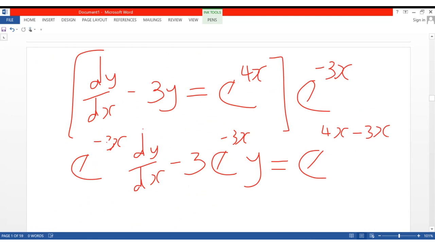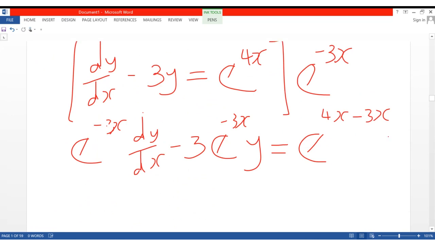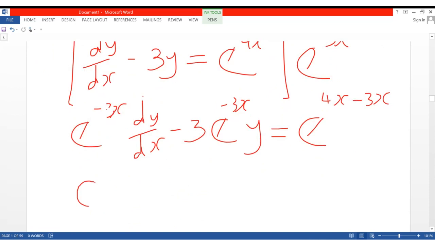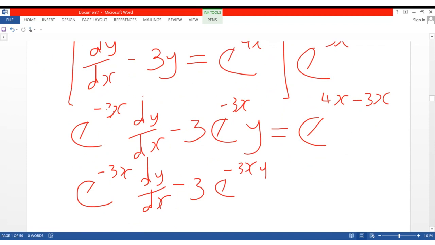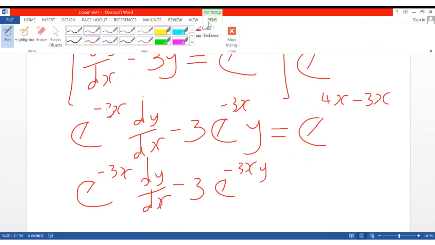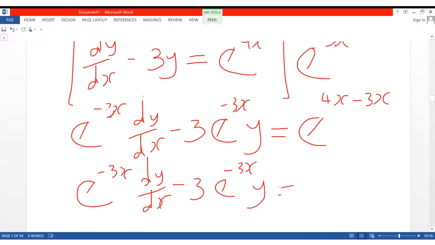So this is what I'll end up with: exponential -3x dy over dx equals -3 exponential -3x y. Sorry, the y is supposed to come down. When you add 4x and -3x, you'll get just x.